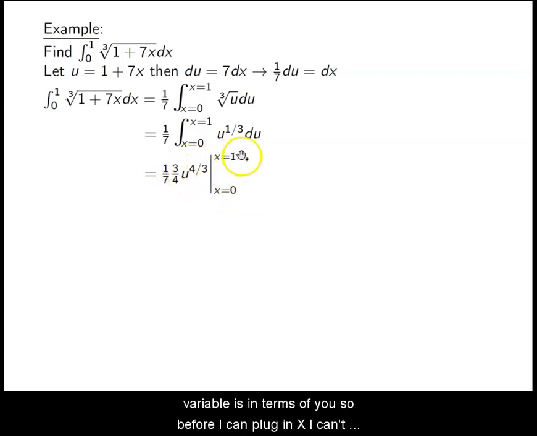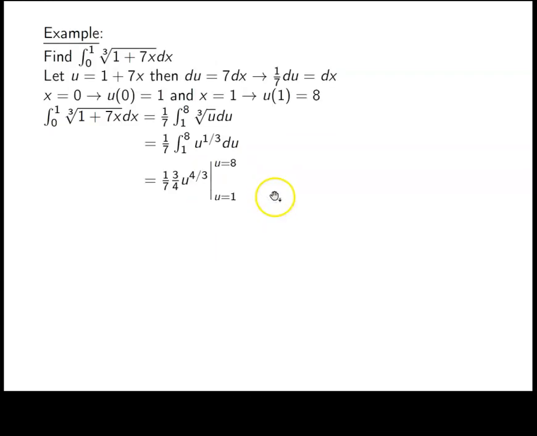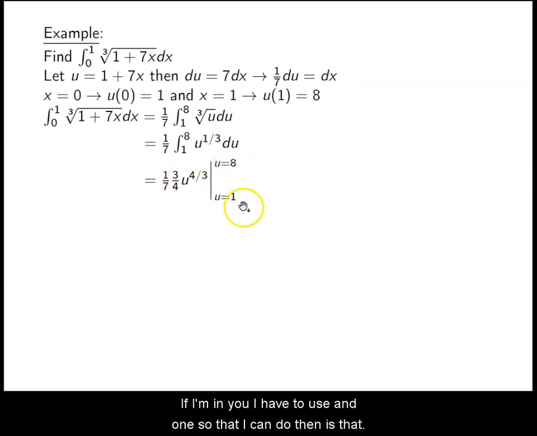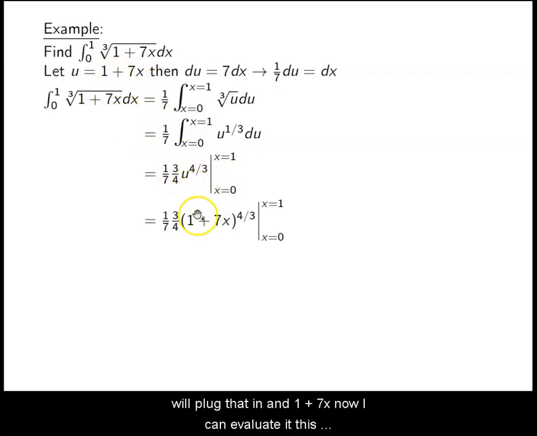So before I can plug in x, I can't just go 1 and 0, because I know from the last one, if I'm in u, I have to use 1 and 8. So if I'm going to stick with x and never change my bounds, I have to plug my value back in for u. u was 1 plus 7x, so I will plug that in: 1 plus 7x to the 4/3.